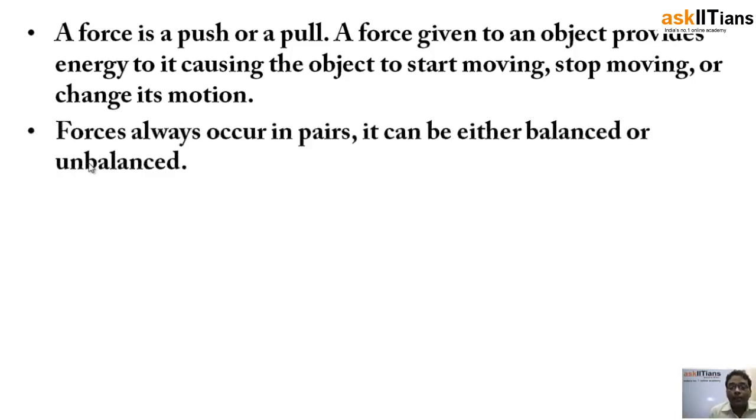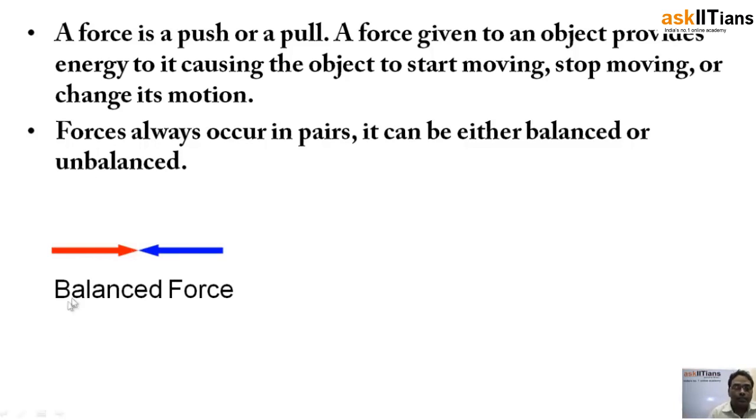Then, to define further, forces generally occur in pairs. That is, it can either be a balanced force or an unbalanced force. A balanced force means the forces are opposite and equal in nature. Unbalanced forces are opposite but unequal.